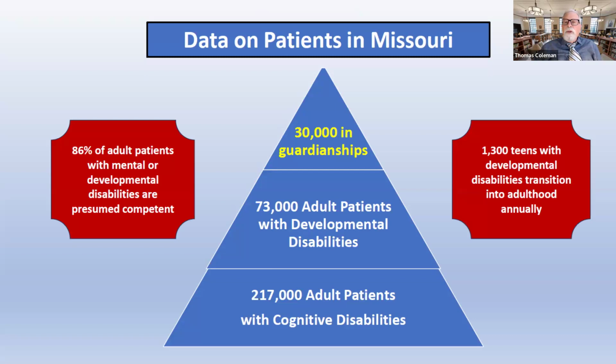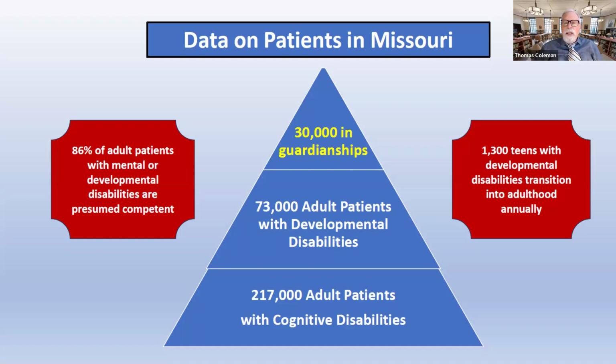First, some data on patients in Missouri, and national data would probably be very similar to this. There are 73,000 adult patients with developmental disabilities who have been identified in Missouri, and 217,000 with cognitive disabilities. So somewhere between 200 and 300,000 patients in Missouri have mental or developmental disabilities, but only 30,000 of them are in guardianships.